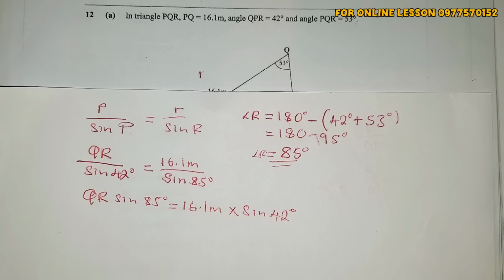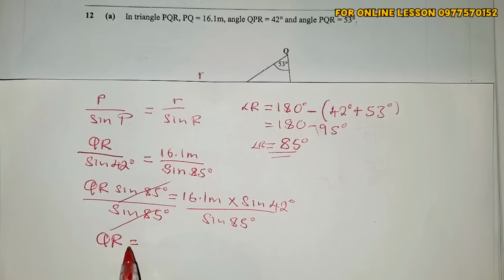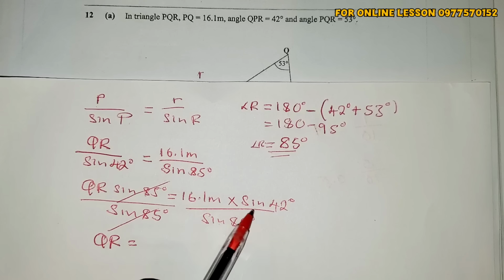Are you following, my friends? Good. So we want to find QR, therefore we divide both sides by sine 85 degrees. The sine 85 and sine 85 here cancel. We are just remaining with QR is equal to, then you punch these on the calculator.